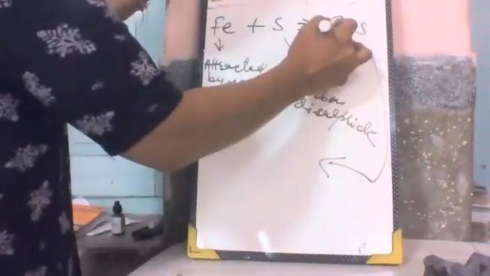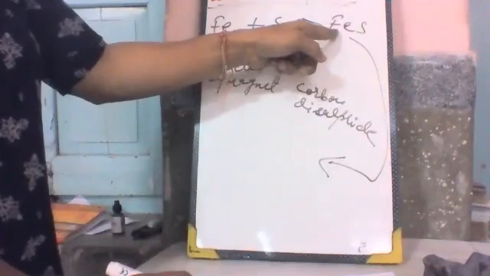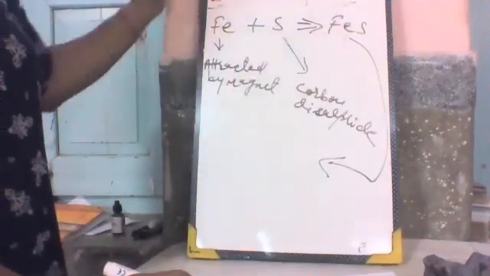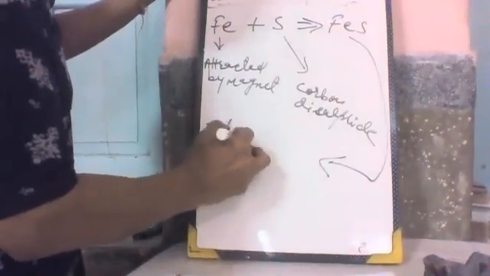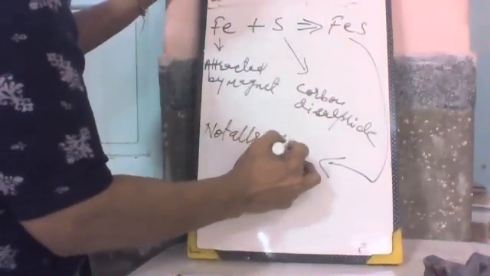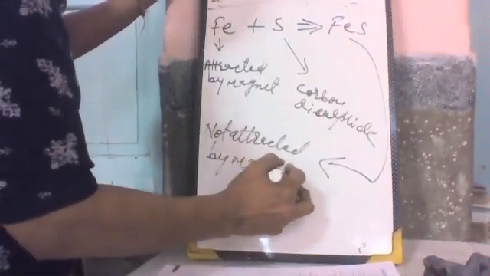Iron may be attracted by the magnet, but in FeS it is not attracted by the magnet.